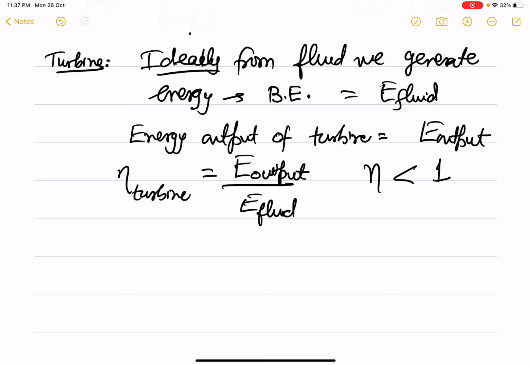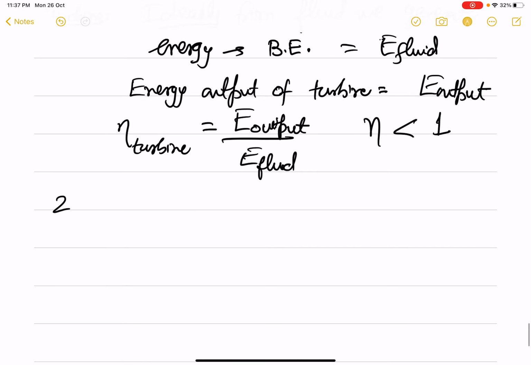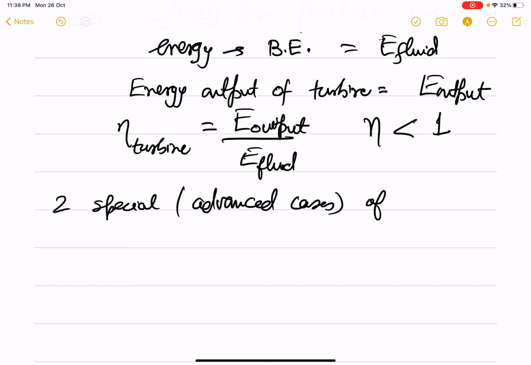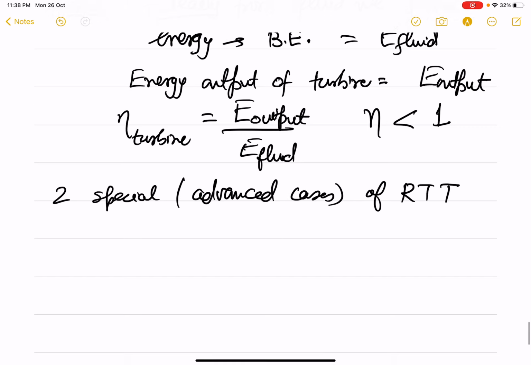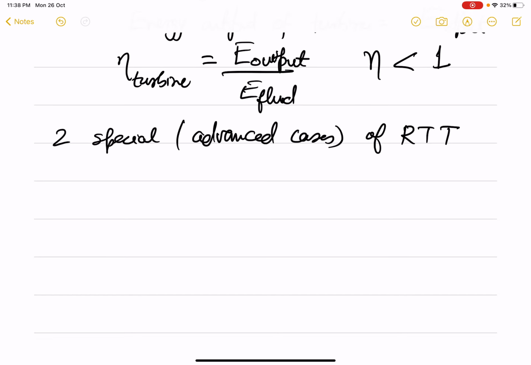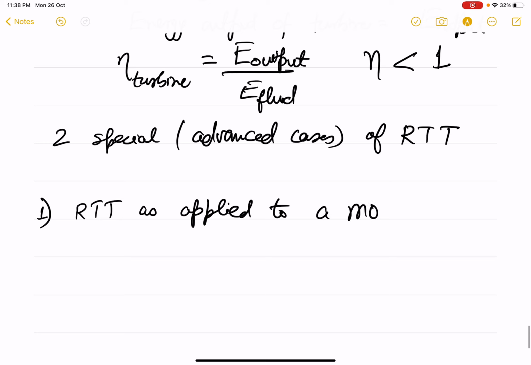Now we will look at two special or advanced cases of the Reynolds transport theorem. The first of these is the Reynolds transport theorem as applied to a moving control volume.